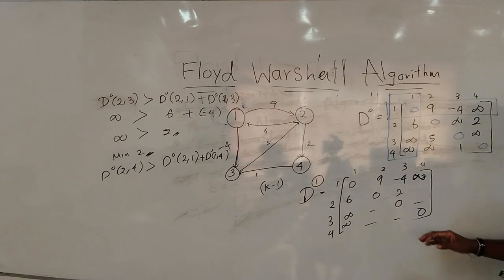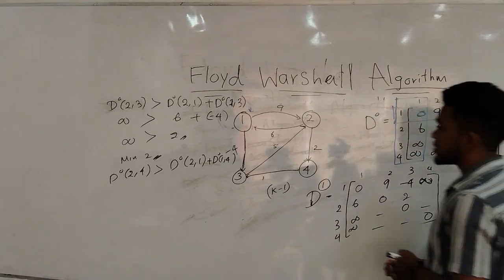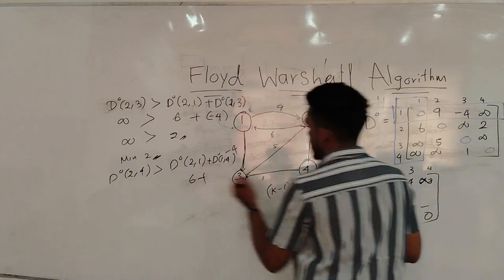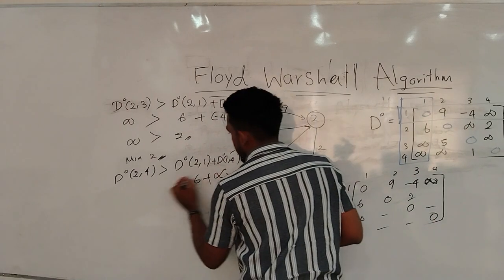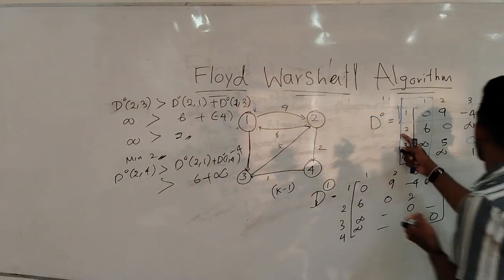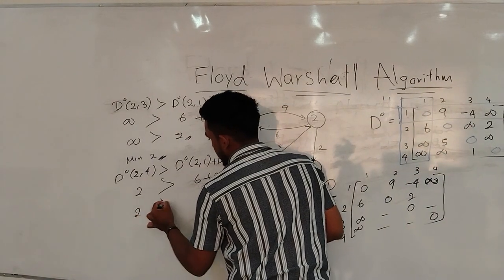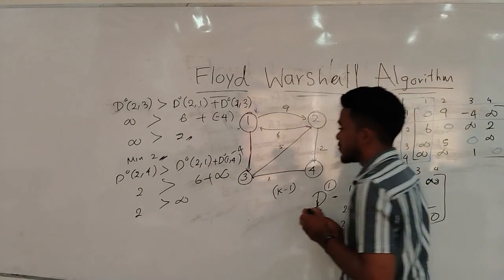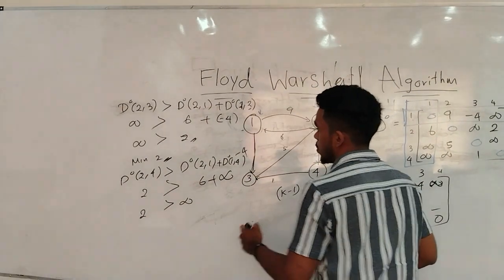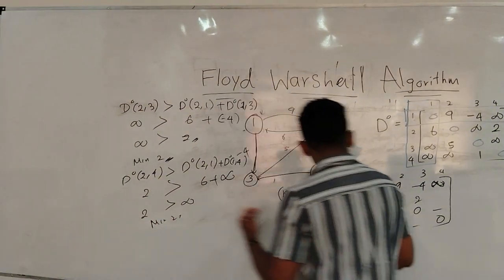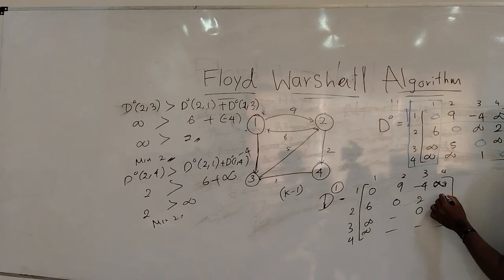D naught 2 to 1 is 6, plus D naught 1 to 4, which is infinity, greater than D naught 2 to 4, which is 2. Then 2 is less than infinity. From this, the minimum is 2, so our shortest distance from 2 to 4 is 2.